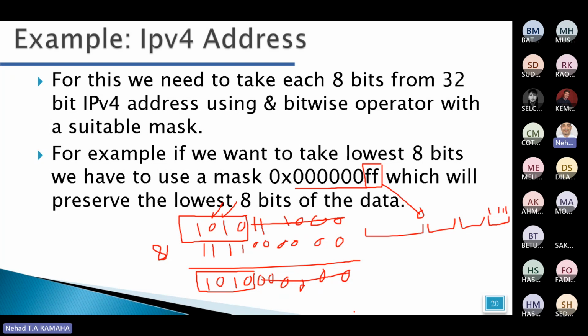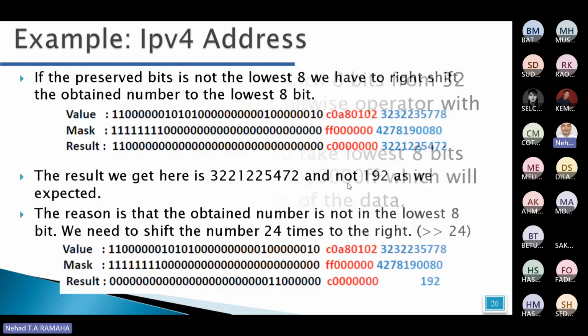So this is a mask in hexadecimal. FF corresponds to 1, 1, 1, 1, 1, 1, 1, 1. So this is a mask with 8 digits as 1. What's the meaning of 0x? As I told you, it means the number is hexadecimal. It's not part of the number. It's to tell the compiler that this number is hexadecimal.